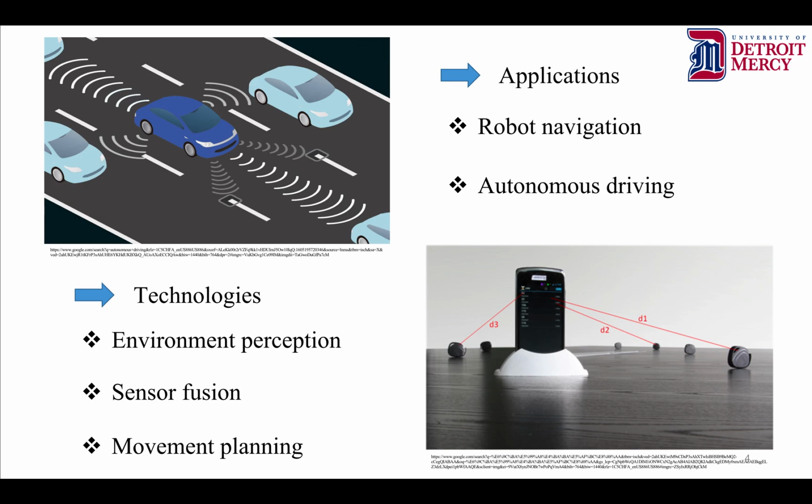Sensor fusion is to handle different sensors. You can get many data at the same time, but you have to process this data and make a better choice for the next movement of the robot. Movement planning is to define an algorithm for how to move and plan the robot.